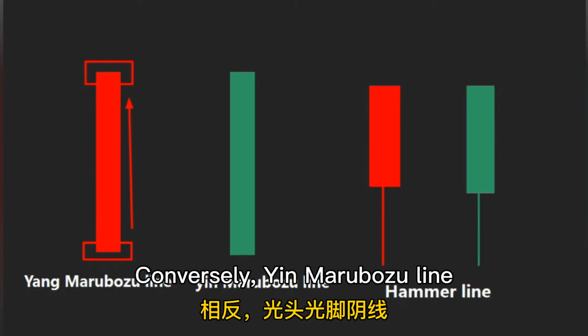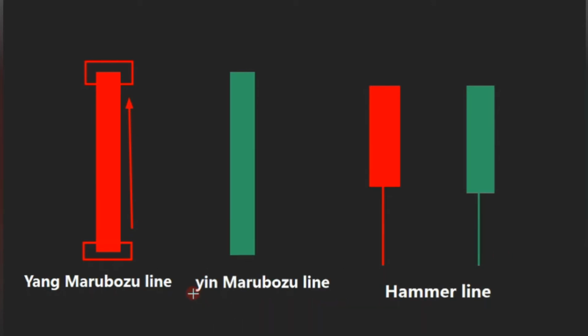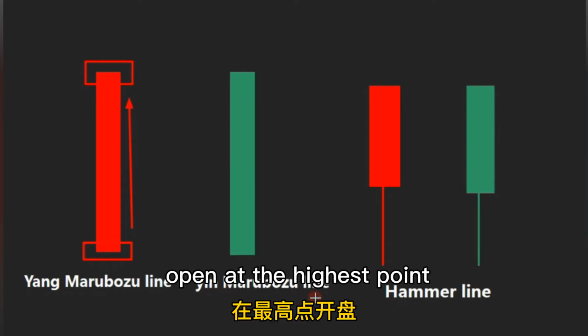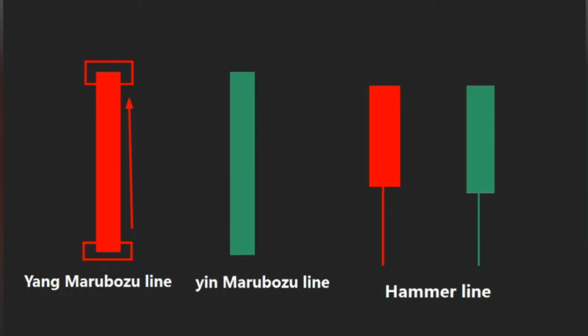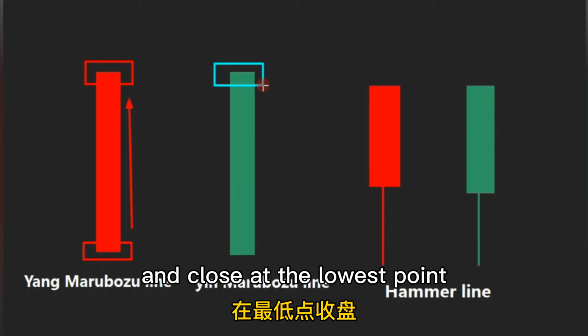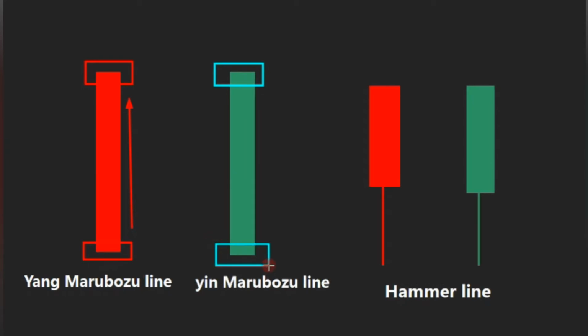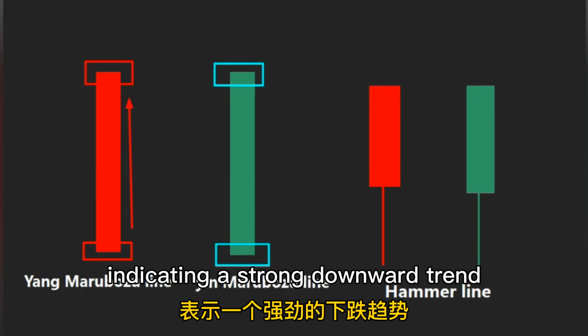Conversely, in the Yin Marubozu line, it opened at the highest point and closed at the lowest point, indicating a strong downward trend.